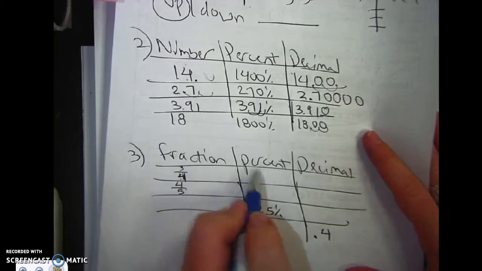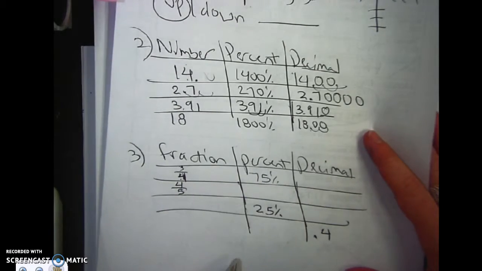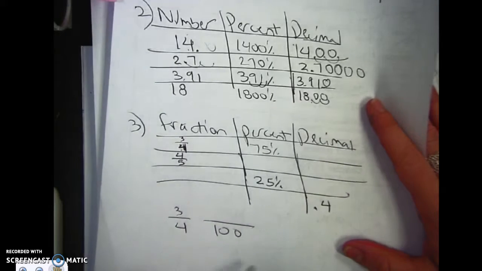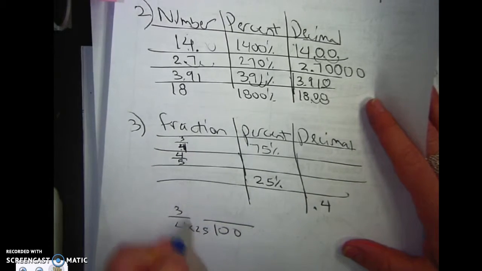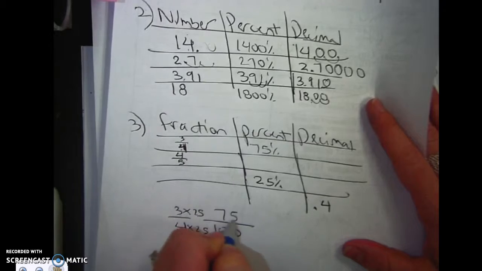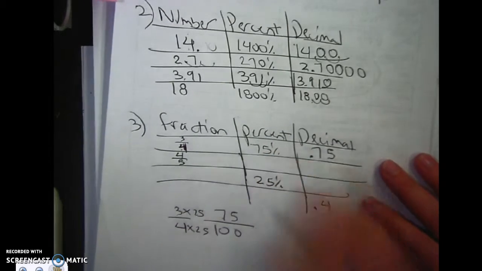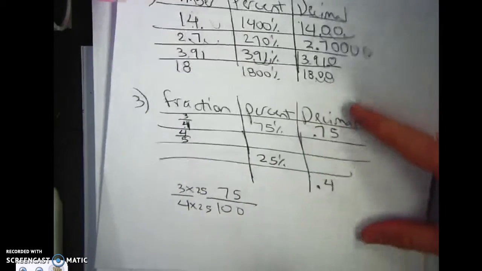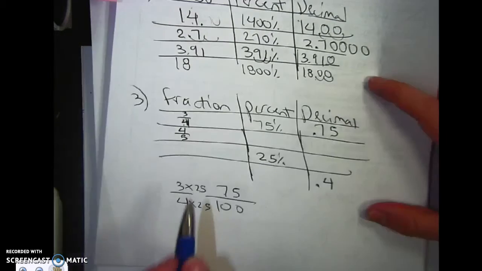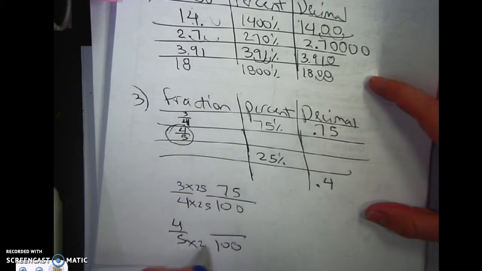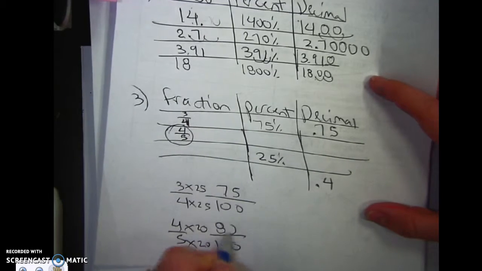Number 3. Some of you know that this is 75%. If you didn't know that it was 75%, you make it out of 100. Times 25, times 25, 75. Boom, that's what matches 0.75. So I'll do the same thing here. The next one, 4 over 5. Out of 100, times 20, times 20, 80.